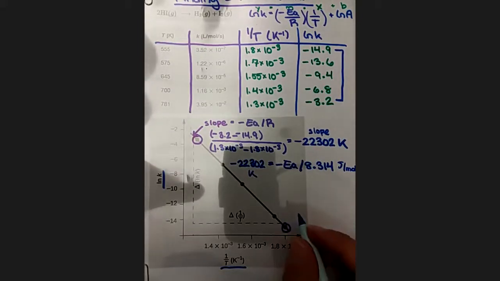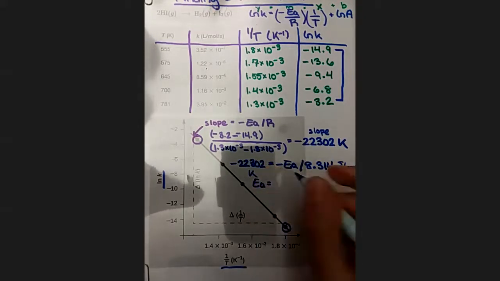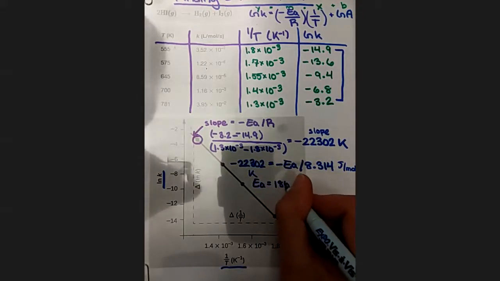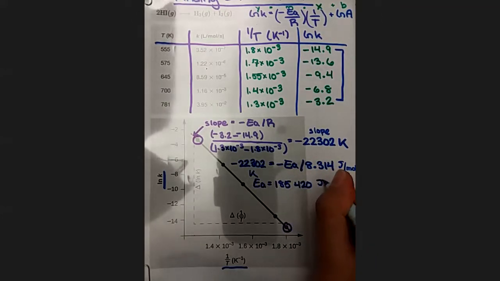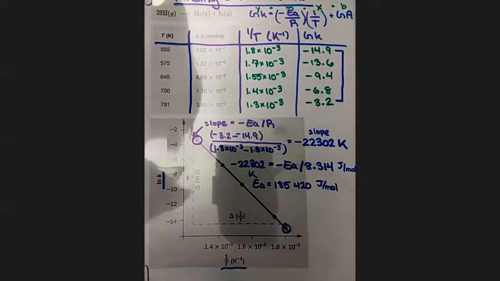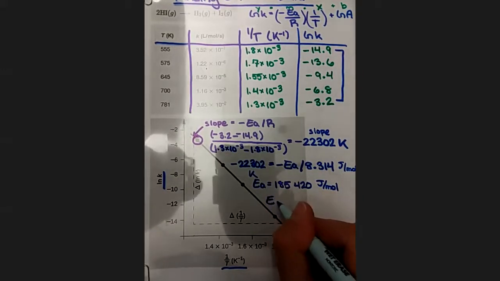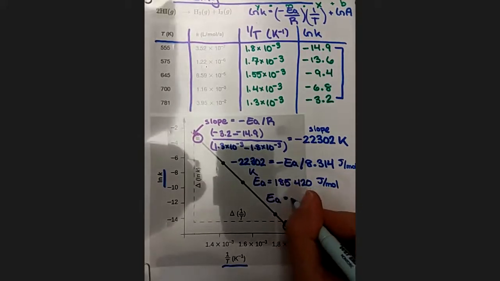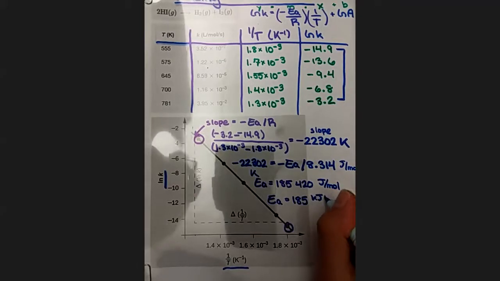Okay, so all we have to do is solve for that one. The negative sign goes away, and our activation energy is 185,420 joules per mole. And this is a huge number, so I'm just going to go ahead and report it in kilojoules per mole, so it's a little bit more reasonable.